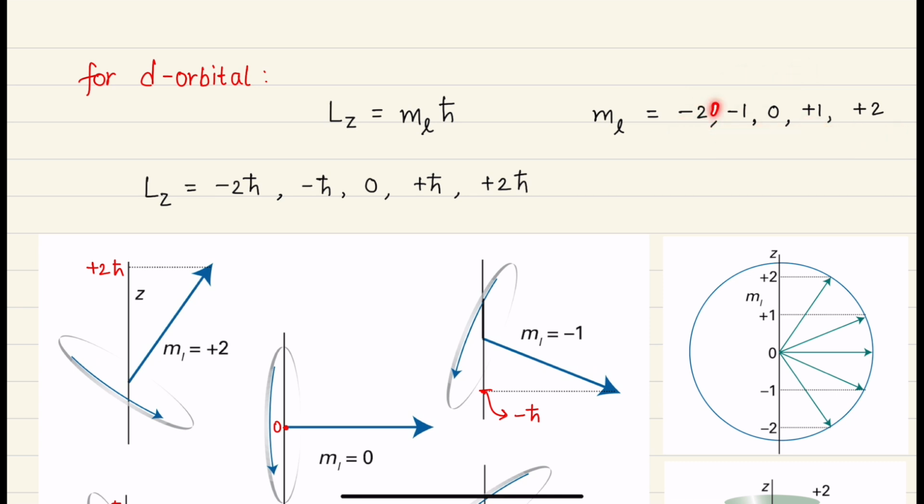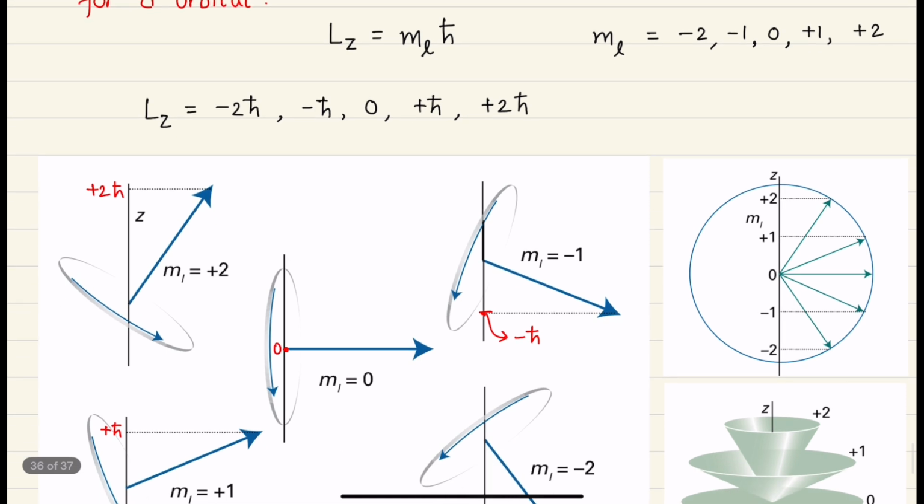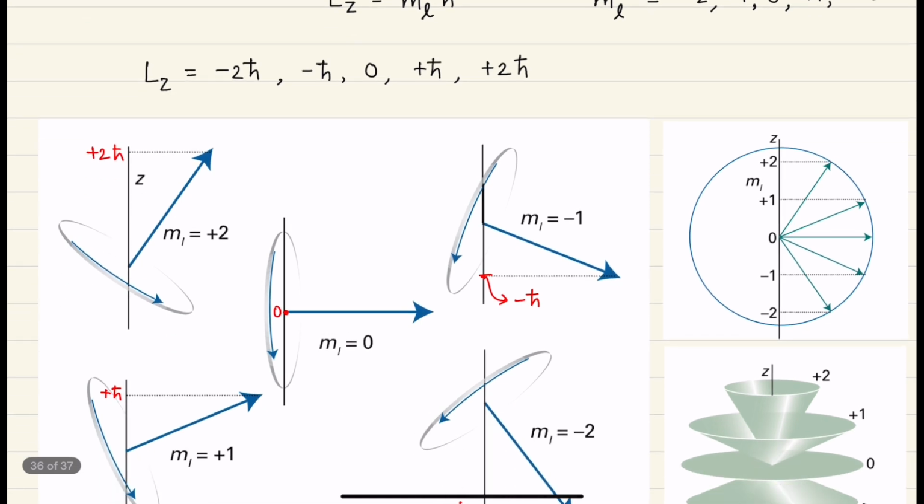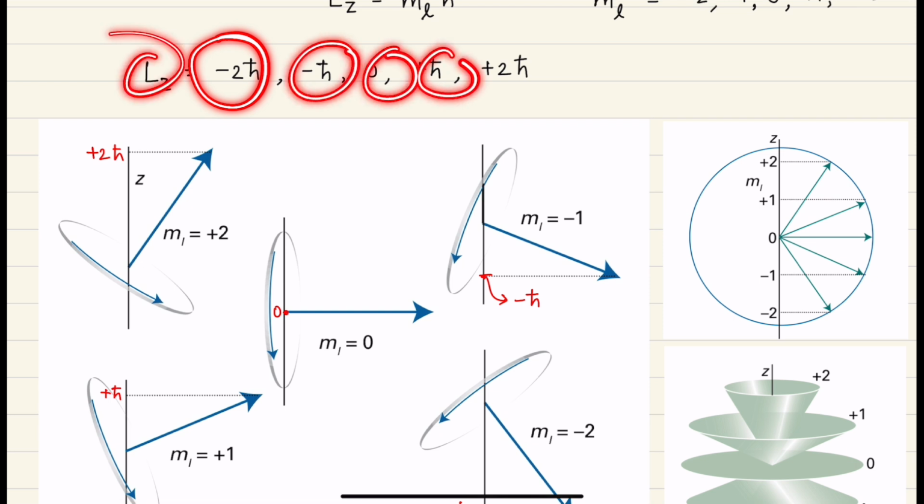If you put the values in one by one, you will get 5 components on the z axis: minus 2 h cross, minus h cross, 0, plus h cross, and 2 h cross. And to get these values, the electron will orient itself such that you get these components on the z axis.